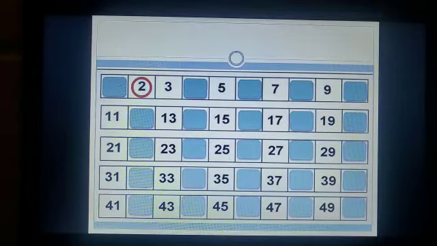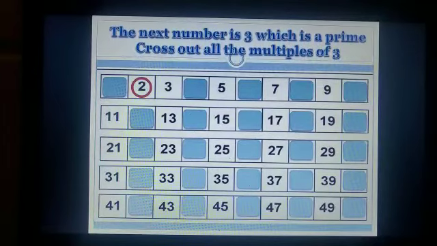So let's try another one. So our next number we come across is a 3. 3 again is a prime number because it only has two factors, 1 and itself. The rule for multiples of 3 is that we add the digits together, and if the number is in the 3 times table, it's also a multiple of 3. So we're just going to get rid of all our numbers in the 3 times table.